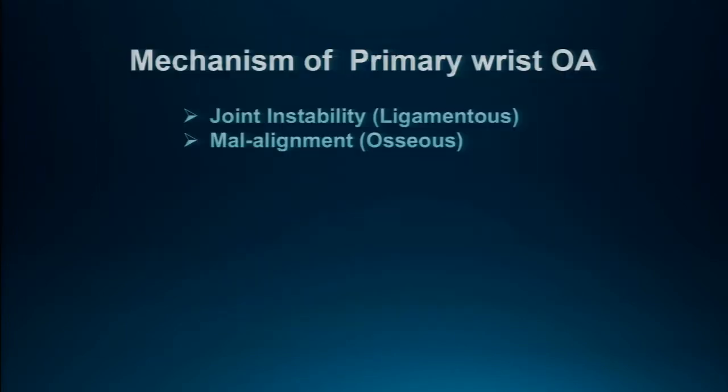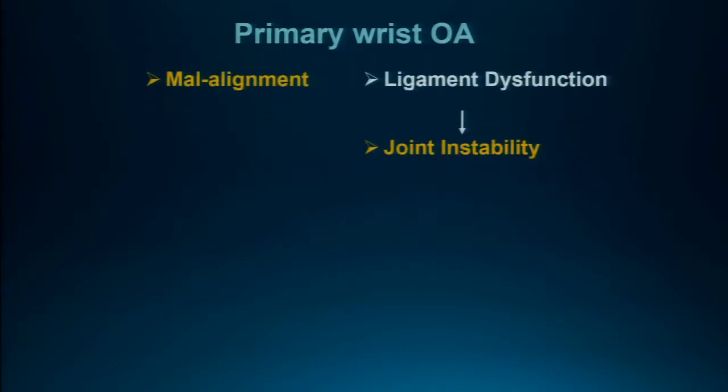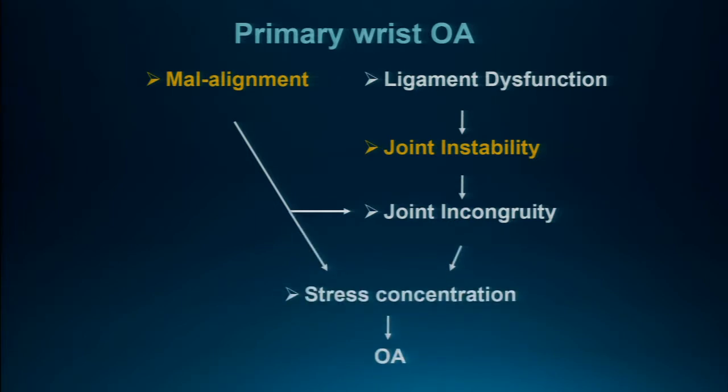And so the mechanism of primary wrist OA is twofold. The first is joint instability, ligamentous. The second is malalignment, osseous. So the malalignment and the ligament dysfunction induce joint incongruity, leading to osteoarthritis.